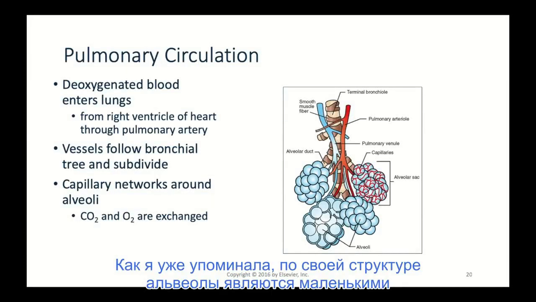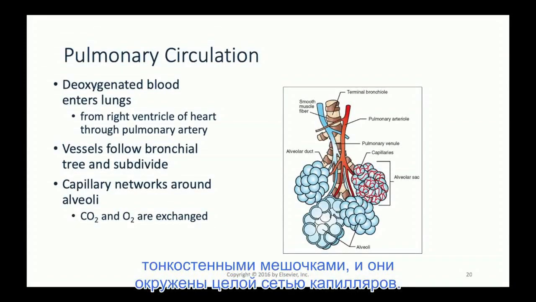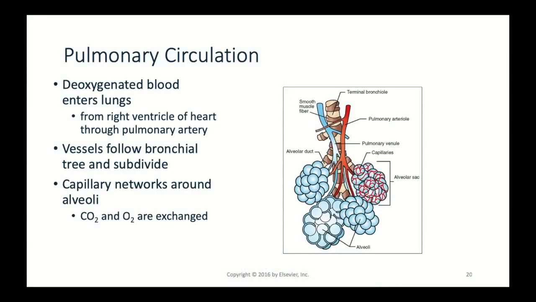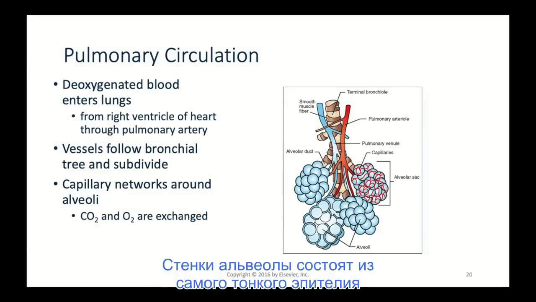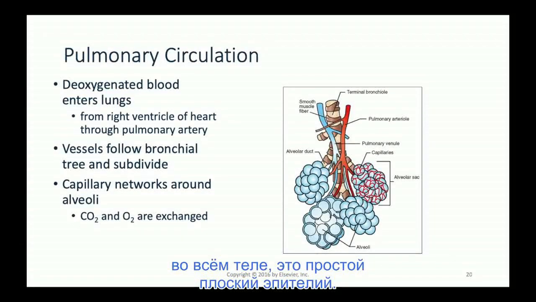So structurally, as I mentioned before, the alveoli are tiny, thin-walled sacs that are surrounded by a whole network of capillaries. The wall of each alveolus is composed of the thinnest epithelium in the body. It's simple squamous epithelium. The capillaries that surround the alveoli are also composed of the same simple squamous epithelial cells.